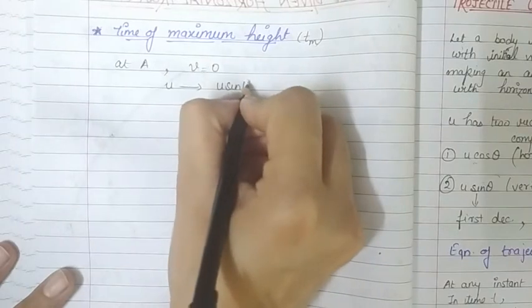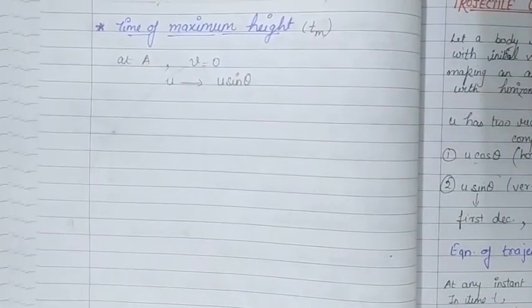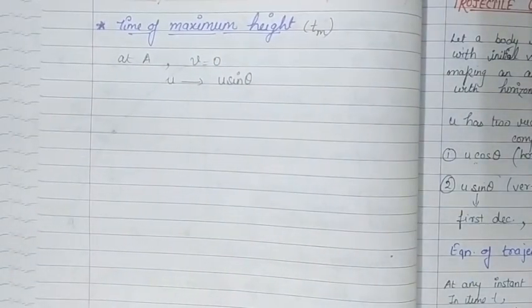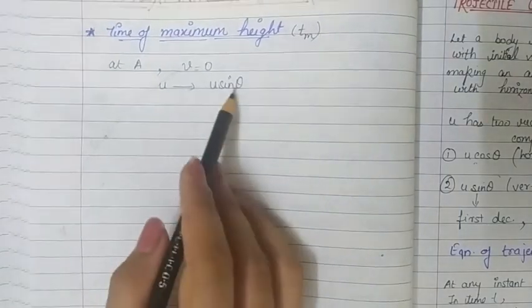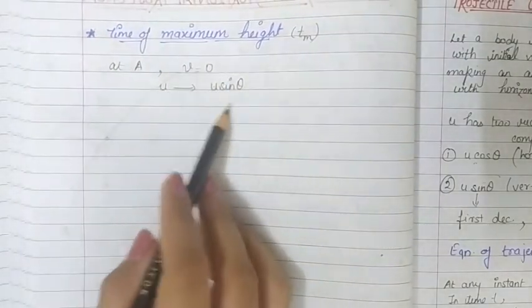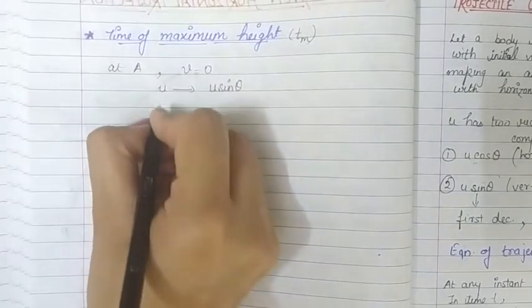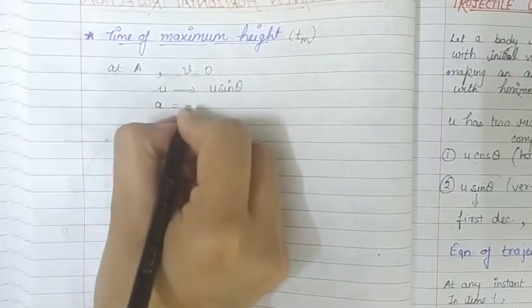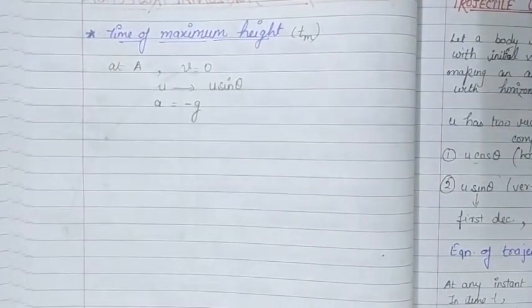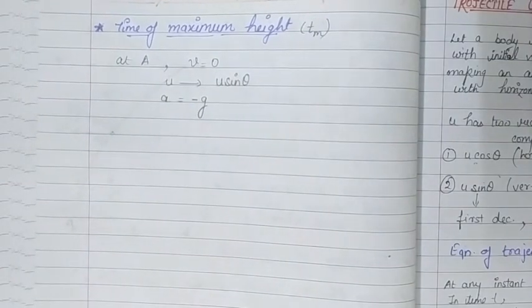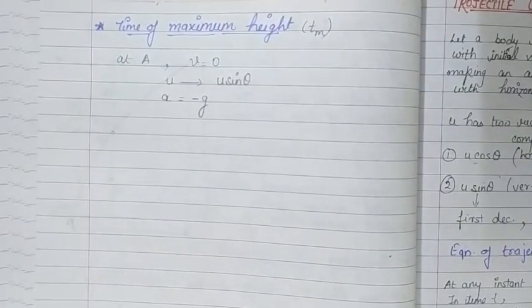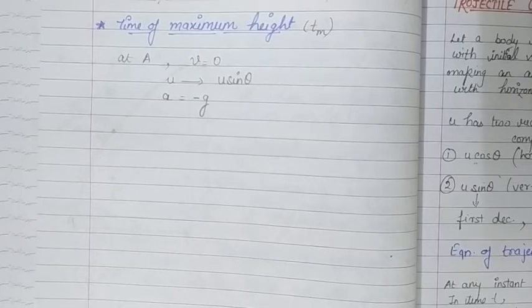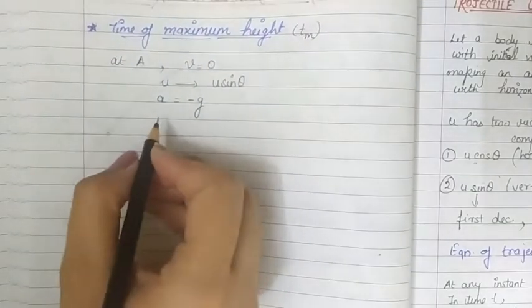So we have initial velocity, final velocity, and acceleration, that is minus g, because the object is moving upwards, against the direction of acceleration due to gravity g, which is downwards.